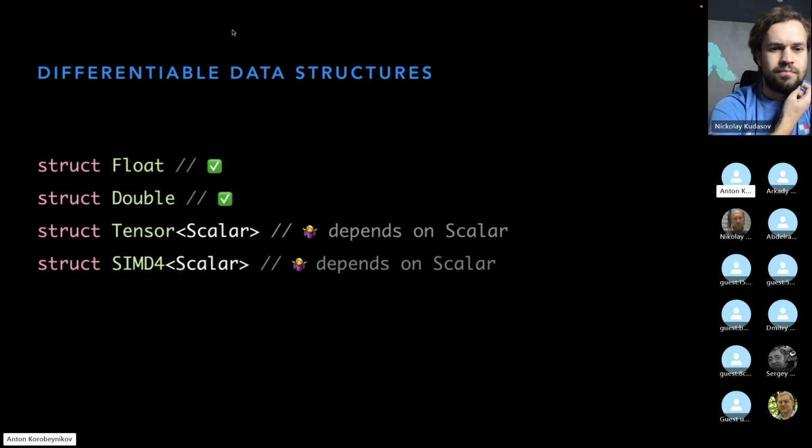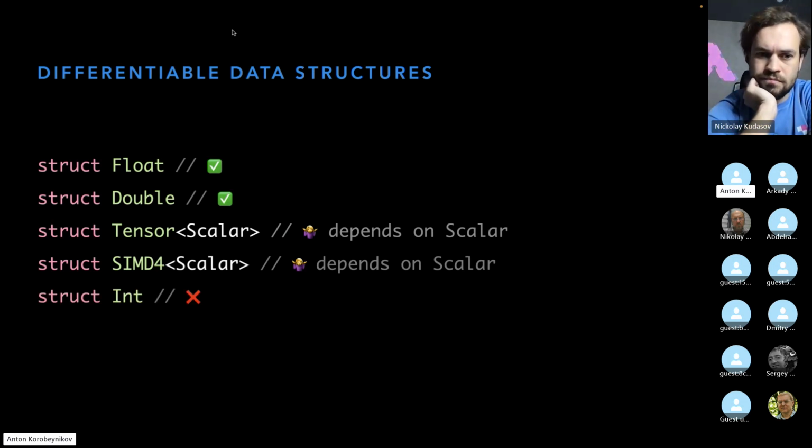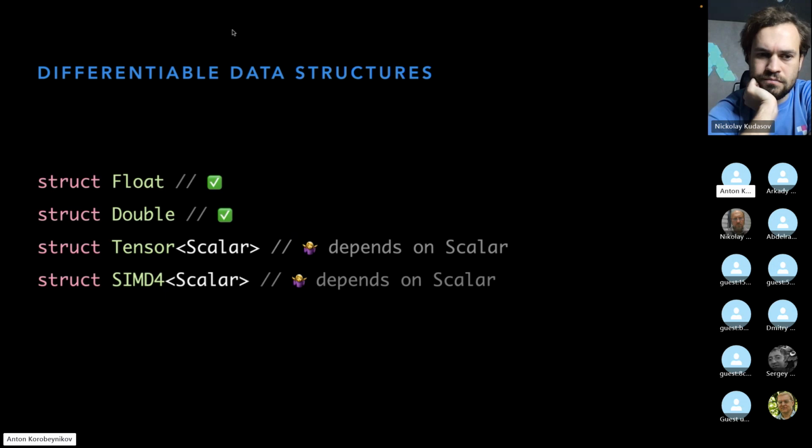Tensors and SIMD vectors are differentiable when the particular scalar type is, but the integer type is not differentiable. So how do we define the common interface for all these types? In terms of Swift, how do we generalize these types to a protocol?